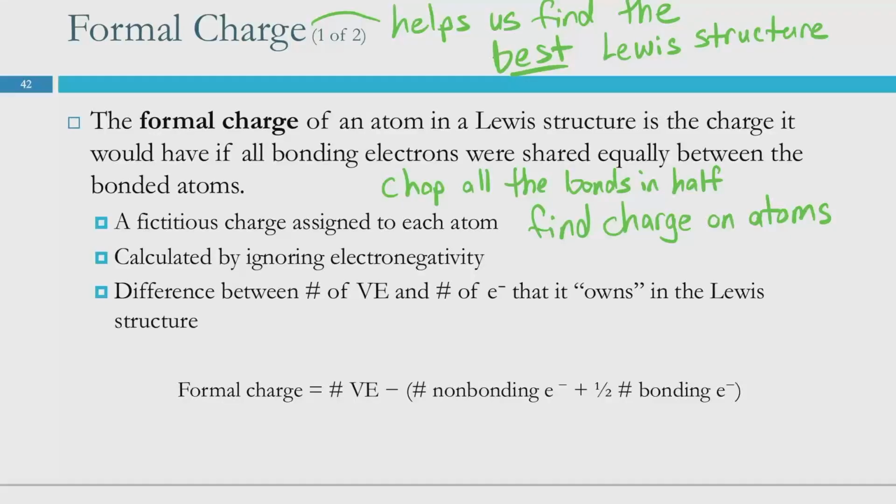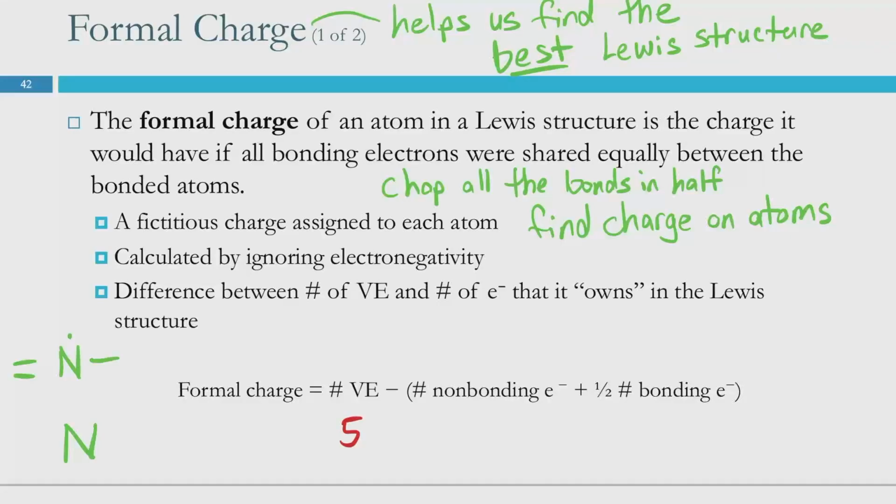So let's do nitrogen. And nitrogen is in a situation like this, where it's got a lone electron. How many valence electrons does nitrogen normally have? 5, because it's in group 5A.